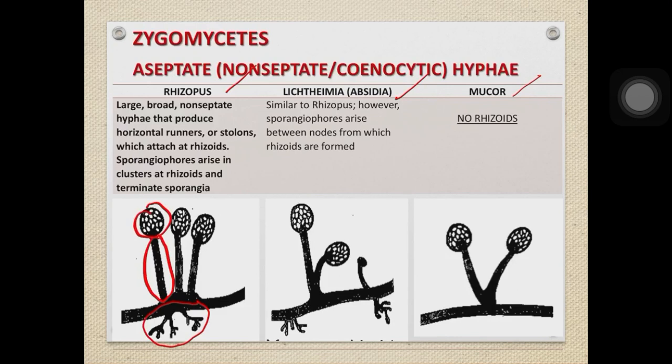Sa mga Absidia naman po, alternate, rhizoid, sporangiophore, rhizoid. Unlike yung sa mga Rhizopus, tapatan po yung sporangiophore at saka rhizoid. Yung sa Absidia, alternating rhizoid, sporangiophore, rhizoid. Yung mga Mucor naman po, wala po silang rhizoid.